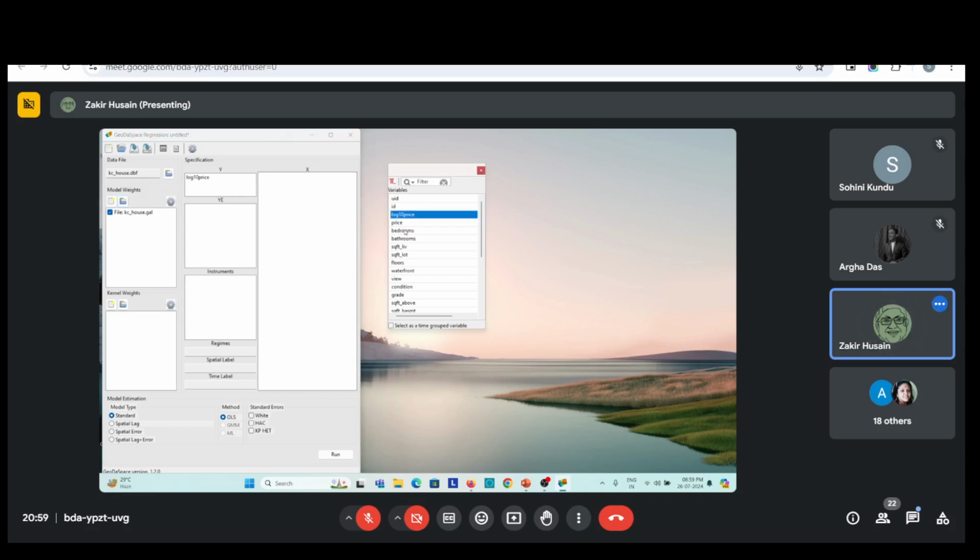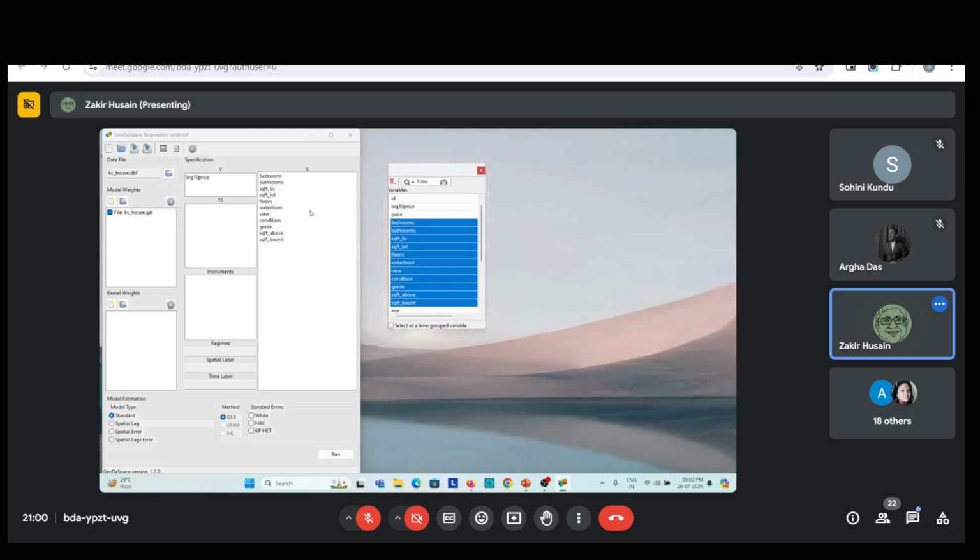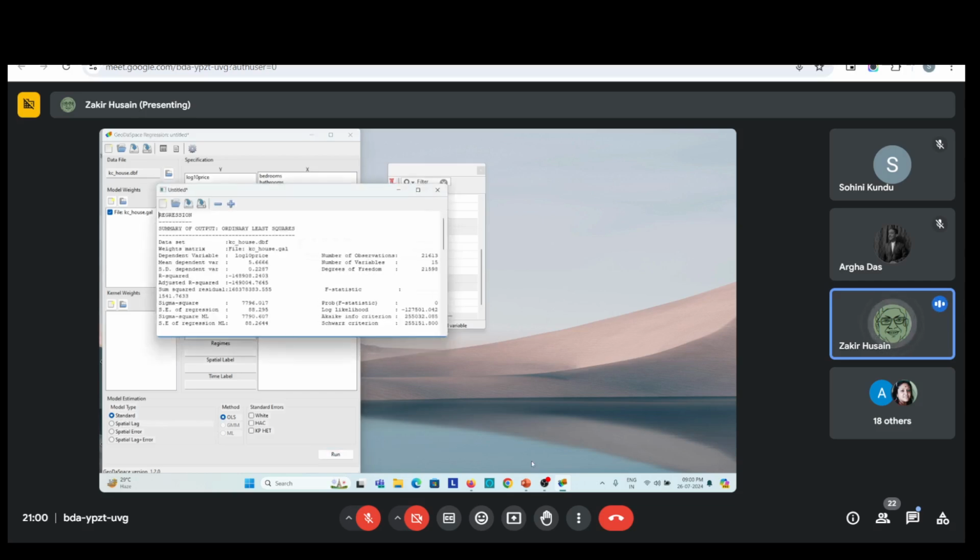This is Y. So these are the variables that I've taken. I'm choosing the standard model, and I'm running this.